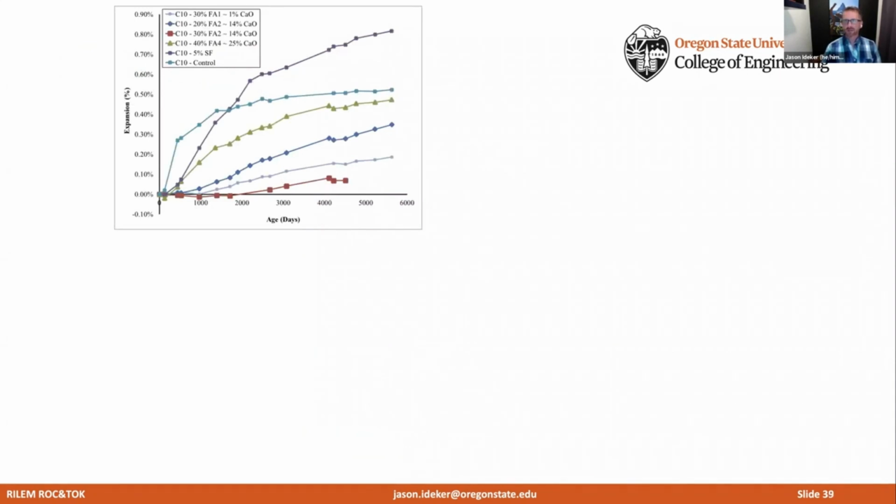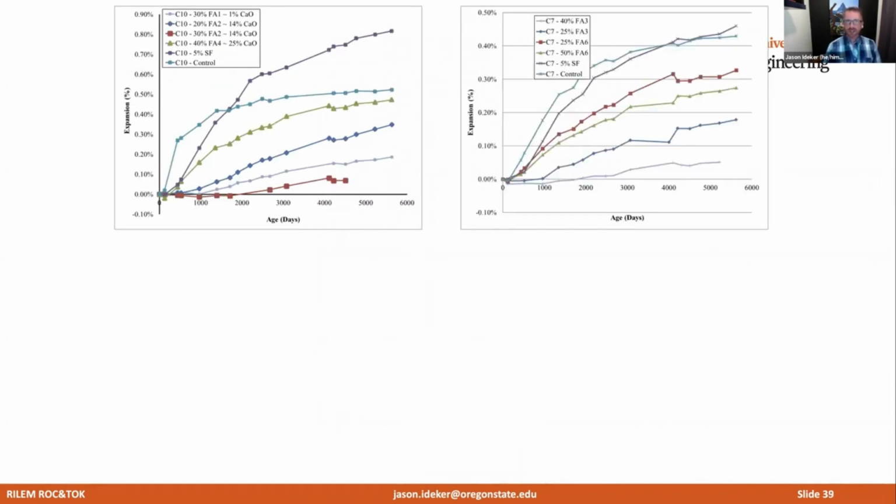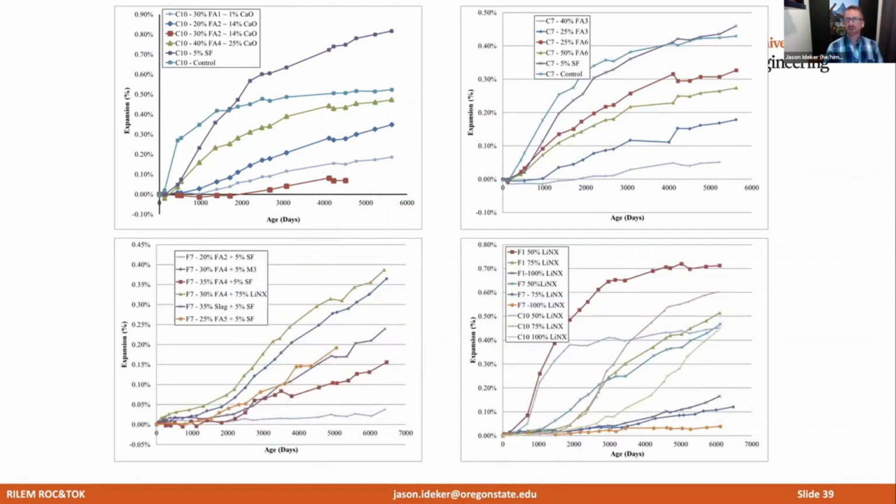This is just a snapshot of some results from the outdoor exposure site at the University of Texas. And basically the takeaway from this is that really none of the preventive options that were predicted to have worked in accelerated tests are actually working in the field. If you note here on the upper right-hand graph, 40% of a particular fly ash seem to give the most prevention efficacy for a particular reactive aggregate.